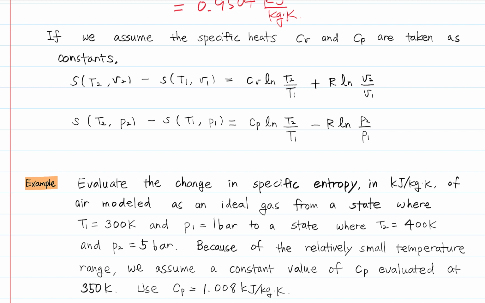If the specific heat is a constant, we can take the specific heat out of the integration. So the equation can be simplified. You can take the average of specific heat between the two temperatures. So integration Cv dT over T becomes this one. Integration Cp dT over T becomes this one, assuming specific heats are constant.